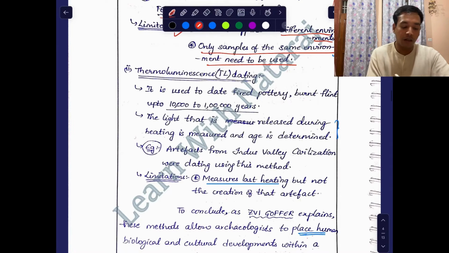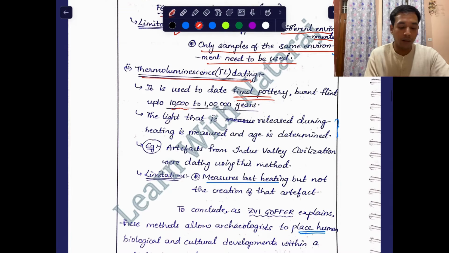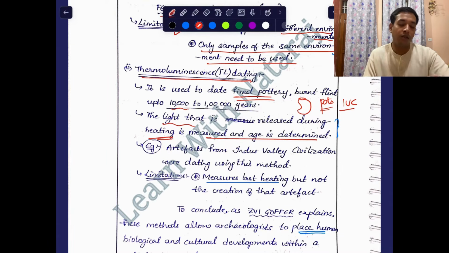That is thermoluminescence. What is thermoluminescence dating? It helps to date fired pottery. For example, we have different fired pottery, different types of pots from the IVC, Indus Valley Civilization, and other years also. The light that is released during heating is measured and the age is determined. Read a bit about this process on YouTube.